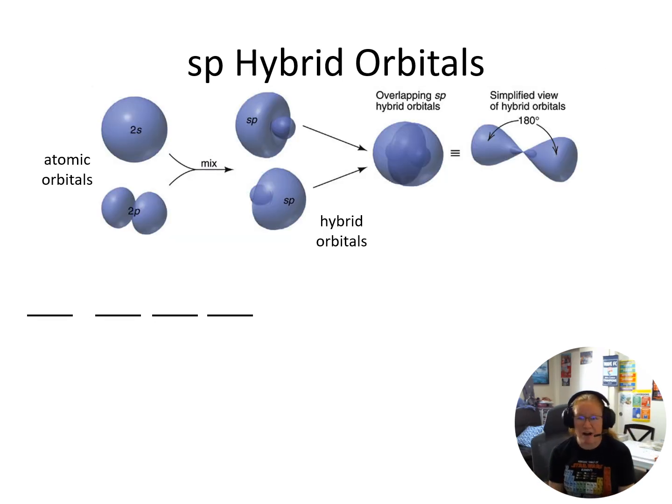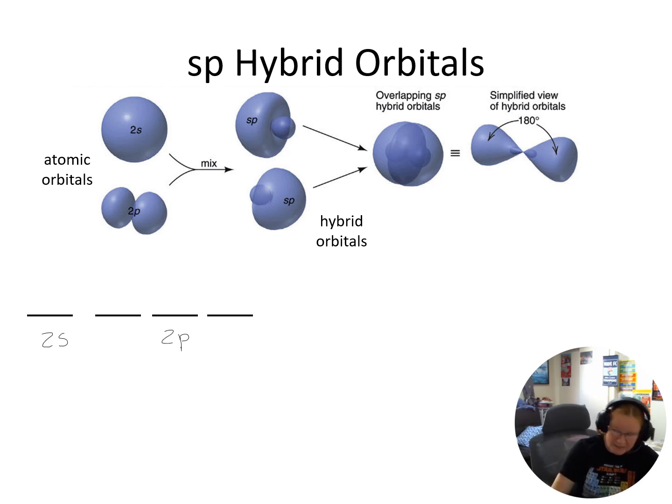All right, so when we start off with that sp situation, we've got our 2s, 2p. This could all still be 3s and 3p, but here we're just going to deal with our 2s and our 2p. If I have something that is linear, how many places do I need to put things? I need 2 places.